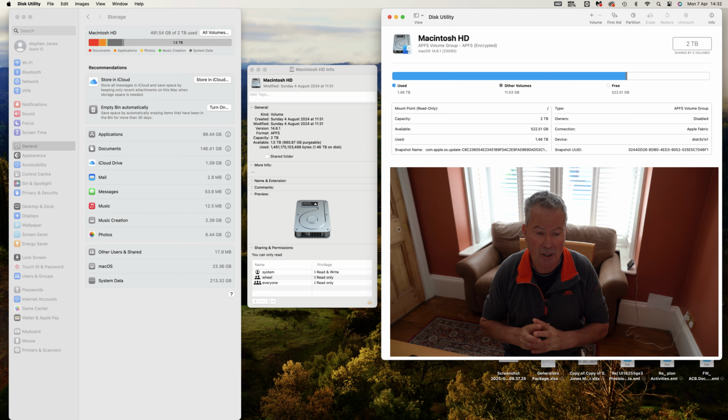I put a 2 terabyte drive on, external, went to Time Machine, turned it on. It took all night, but in the morning I had 500 gigabytes of space back and a smaller amount of purgeable memory, which I can probably now actually access.